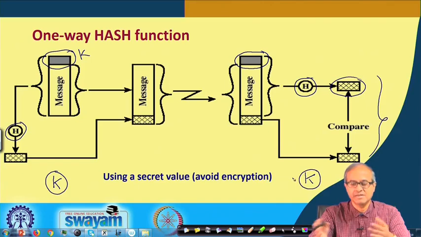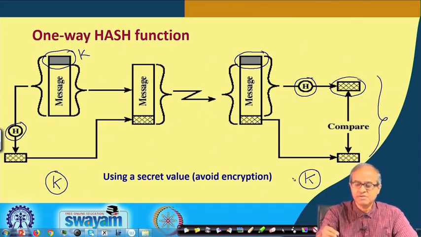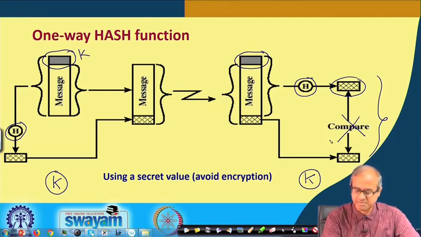If the comparison succeeds, the message must be coming from the intended sender, and if there was some modification in the message, the hash value would have changed, so there would be no match. So I can achieve both things while avoiding the encryption step.